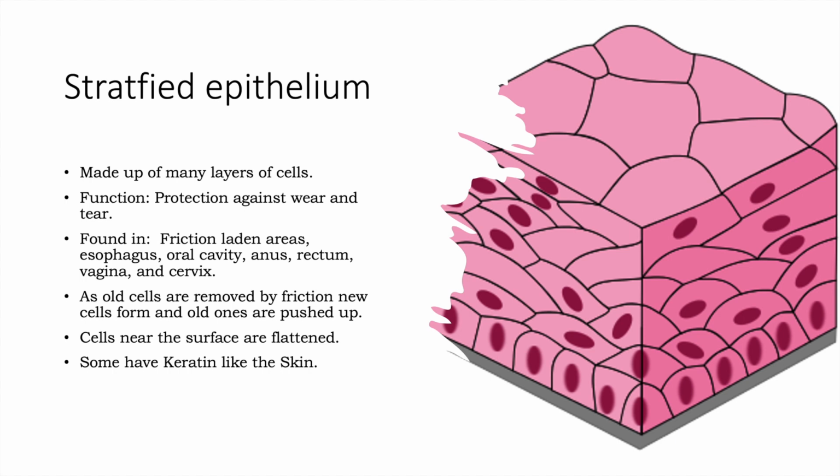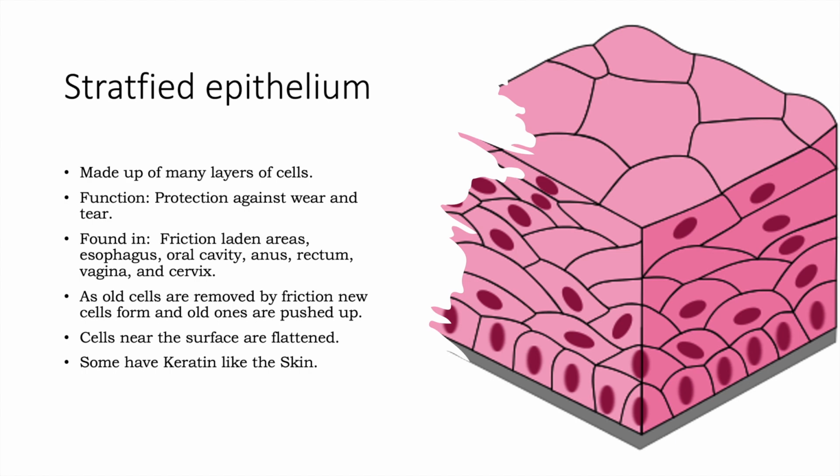The cells of the surface layer may be keratinized, or what we call cornified, or lack keratin. When they lack keratin, they are called uncornified, and when they have keratin, they are called cornified. Keratin is a tough protective protein which prevents water loss, is resistant to friction, and even repels bacteria.